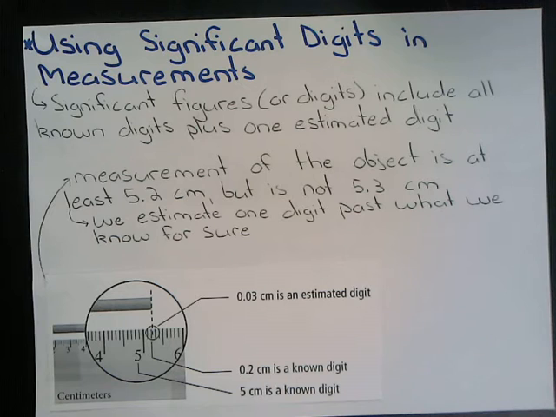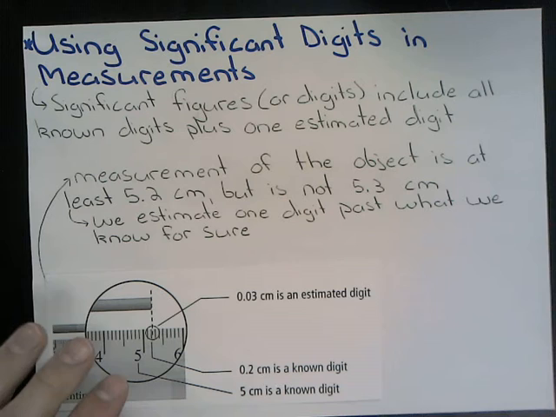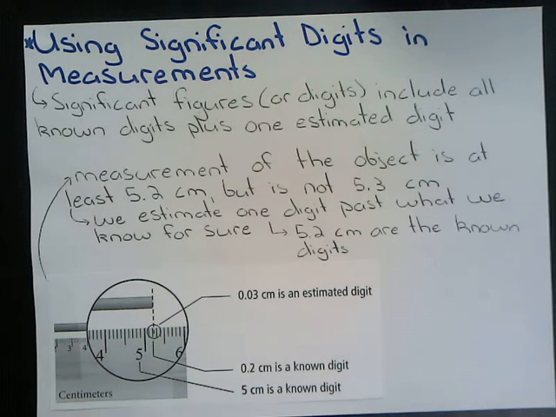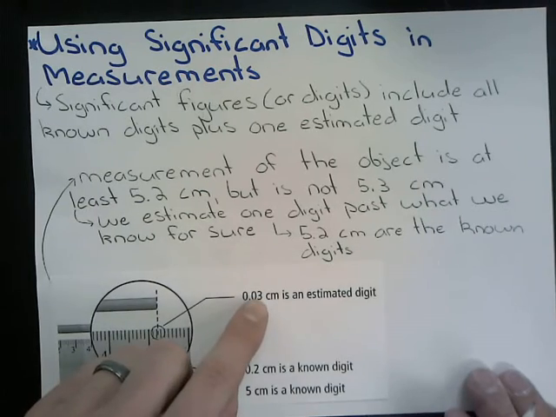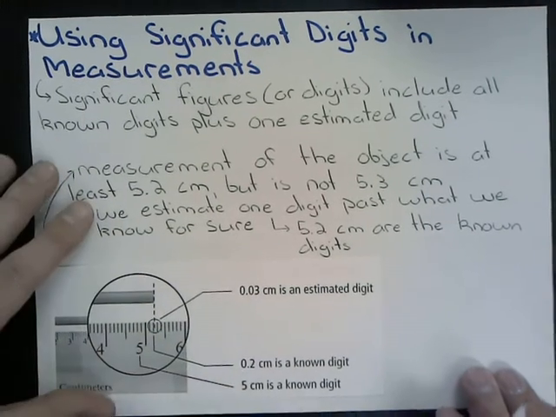Again, we know for sure that we have at least a measurement of 5.2 centimeters. So when we make our estimation, this 0.03, that 3 there is an estimation.